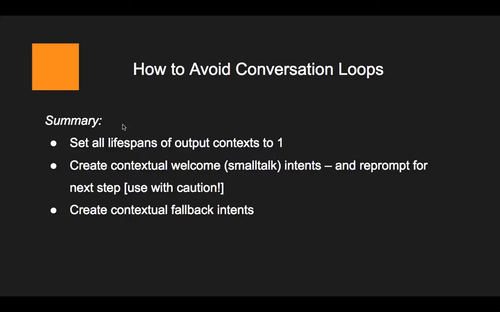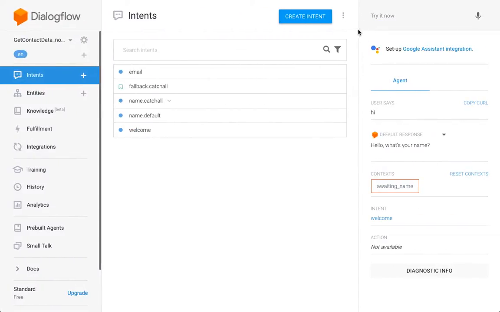So what we're going to do is create contextual welcome intents. I'm going to create duplicate welcome intents, but then set the contexts for those. You'll understand what I mean in just a second.